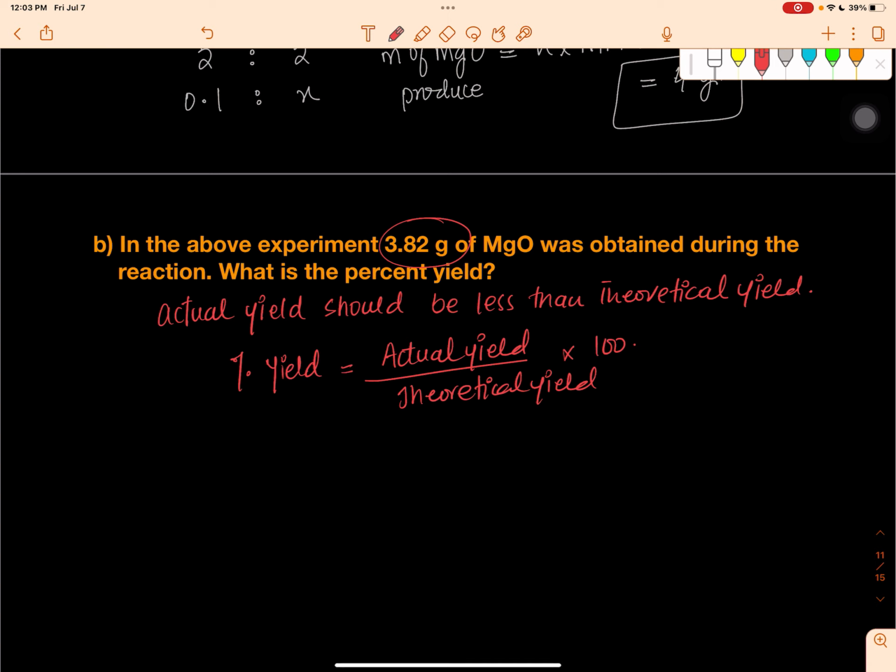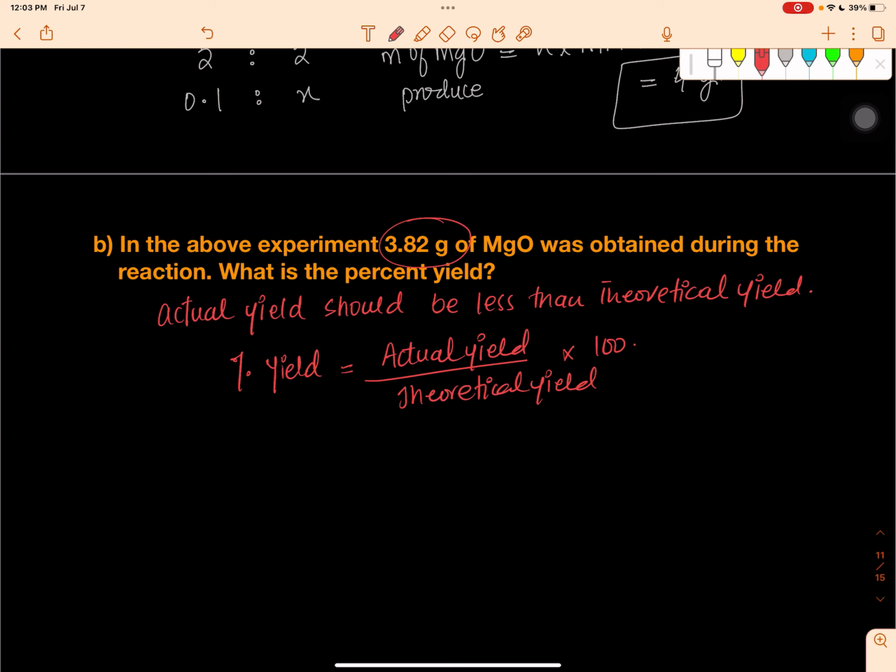Out of that theoretical yield, how much of the actual yield you have obtained while performing the experiment is what the percent yield talks about. So actual yield should be less than the theoretical yield.